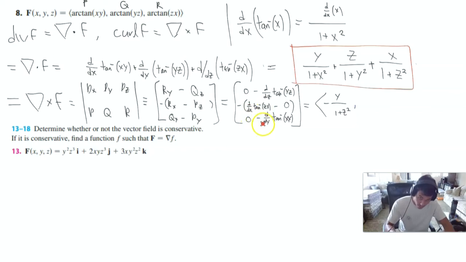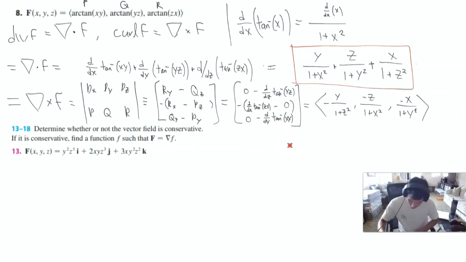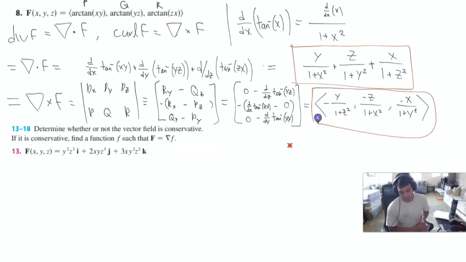The next one's going to be negative z over 1 plus x squared. Next one is going to be negative x over 1 plus y squared. So that's your curl vector right there. Notice everything's negative and everything has two variables in it. It's kind of equal and opposite, right? That's the idea.